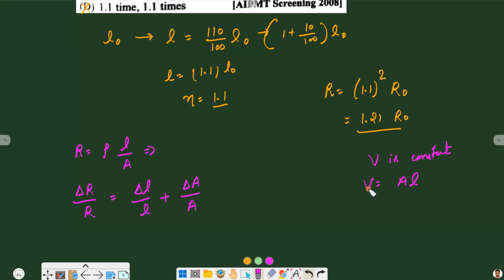If volume is constant, there will be no change in volume. So we can say delta V by V should be equal to 0. But from this relation, delta V by V will be equal to delta A by A plus delta L by L.